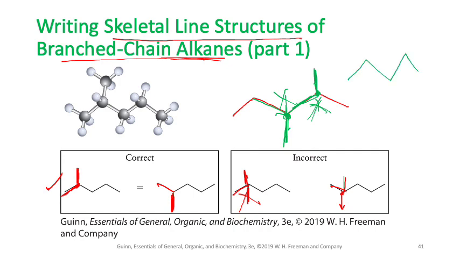Let's take one more example. Where should the branch go on this carbon? This is a downward trend, so the branch will go over here, not on the top in this case. So this is one more example.